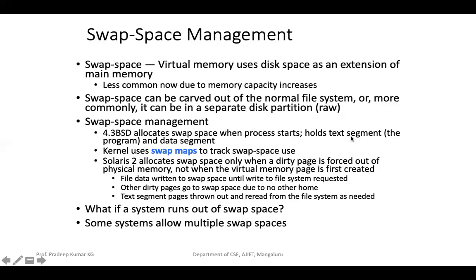Now, when the process starts, meaning you compile your program, the compilation is successful, you generate the obj file, and that obj file is converted to an exe file, that is, you run the program. When this execution starts, swap space management automatically occurs. Let's take this example of adding two numbers.